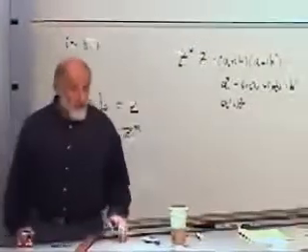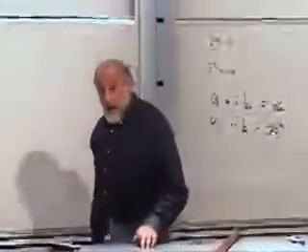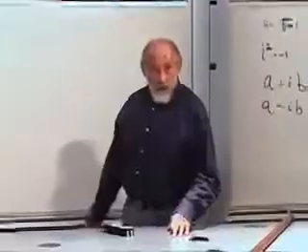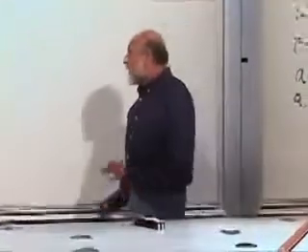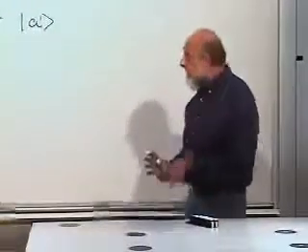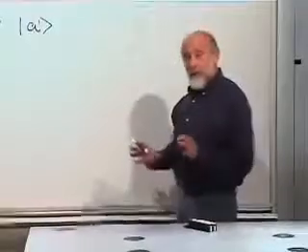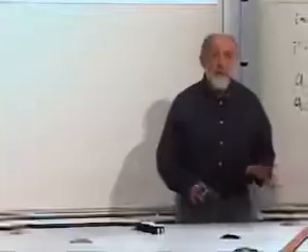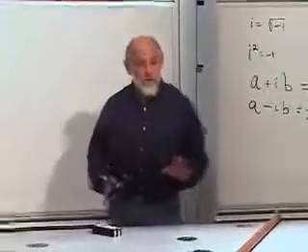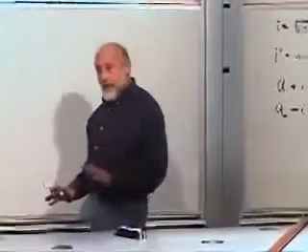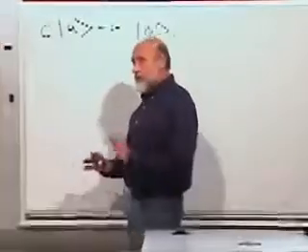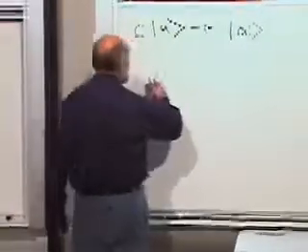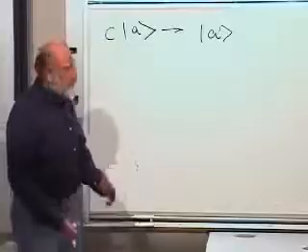So c could be 2, or it could be i, or it could be 2 plus i, or anything like that. If there's a vector, you may multiply it by a constant, and you get a new vector. That's the first operation. And there's only one other operation that's of interest to us. It's adding vectors. Assume there's a rule for adding vectors.